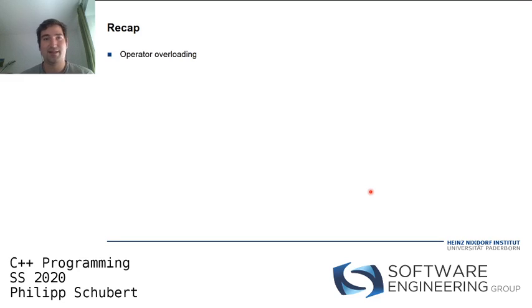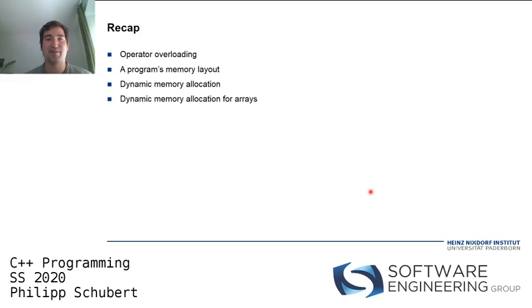So, recap. We discussed operator overloading, the program's memory layout, dynamic memory allocation for arrays and for objects, array new, array delete, and ordinary new and ordinary delete, and please don't mix them up.